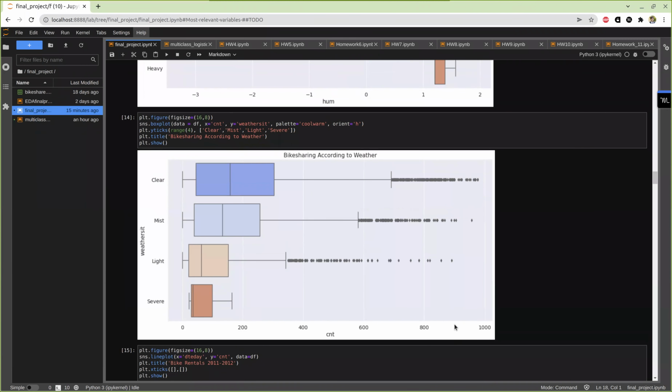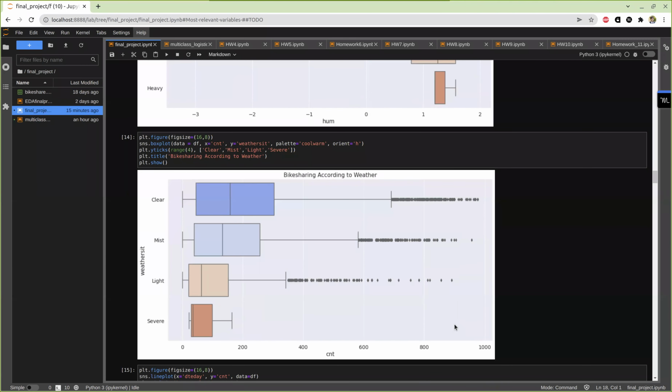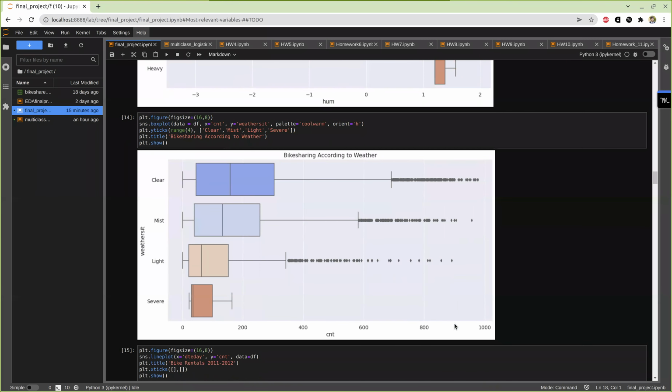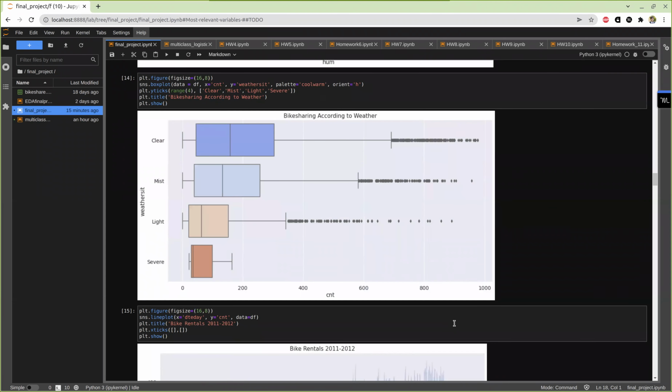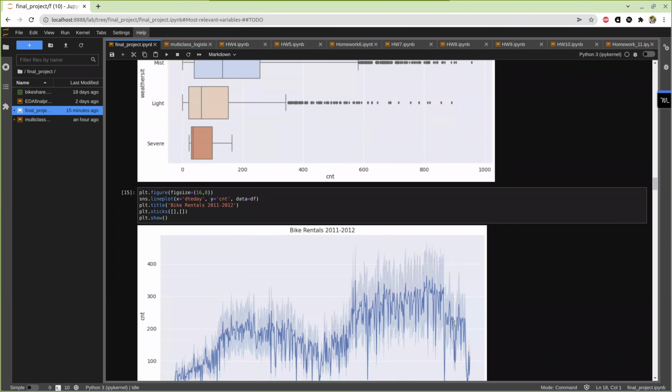Of course, we should also note that there were only 3 observations in the entire data set that had any heavy weather in it anyway. But that will be important later. So bike sharing, according to the weather, was much more popular in the clear hours, of course.